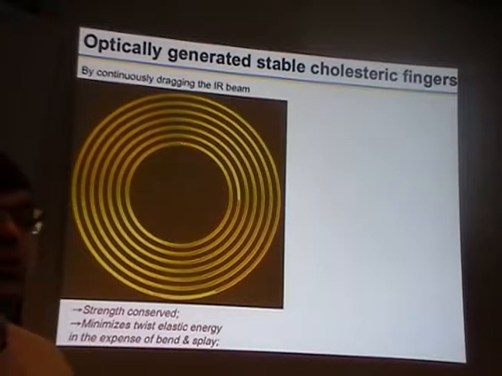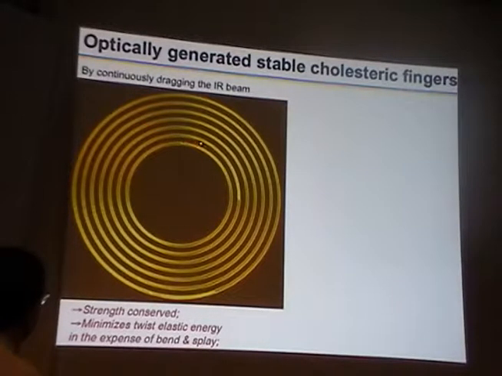So next I would like to show a series of other solitonic localized structures that have translationally invariant configurations. And so in here you can see an example where again in a chiral nematic with initially unwound uniform state satisfying perpendicular boundary conditions, we can generate such a structure by simply dragging the laser beam in the liquid crystal at certain speed.